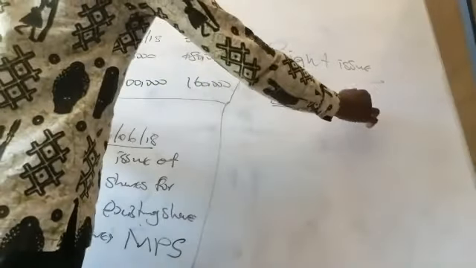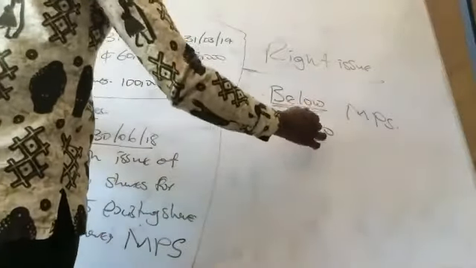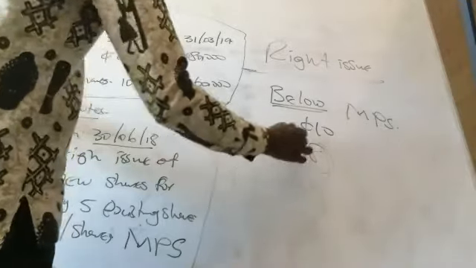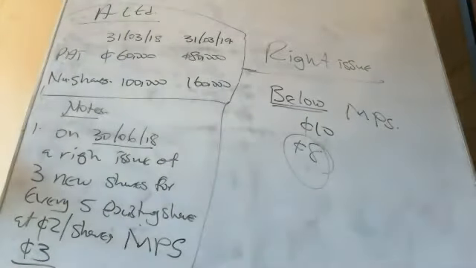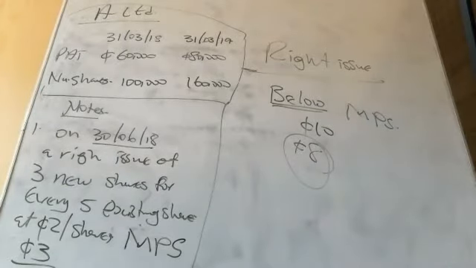So if your share price is 10 Ghana cedis and you issue the shares at 8 Ghana cedis, that is a right issue. Anytime shares are sold below the prevailing market price, we state that the shares were sold at a discount, and that is the right issue.